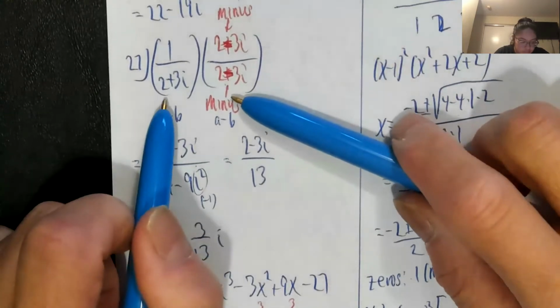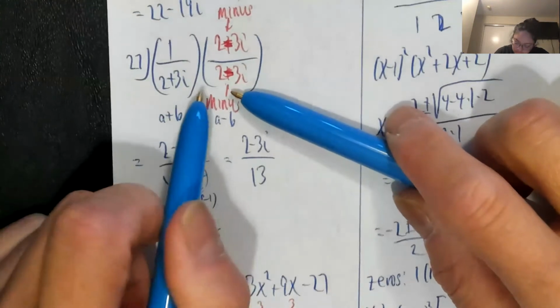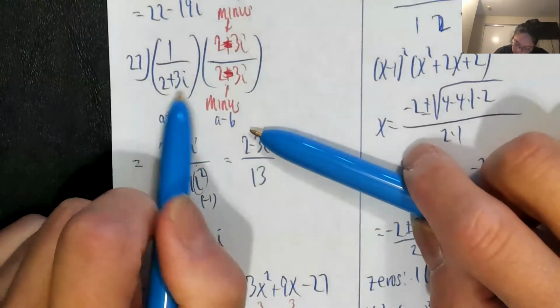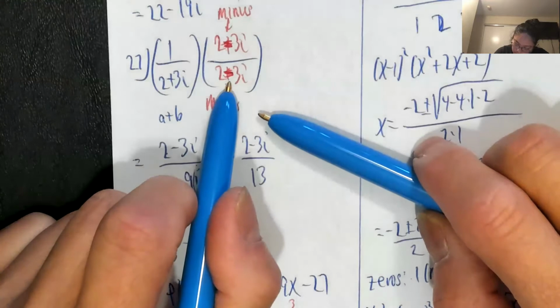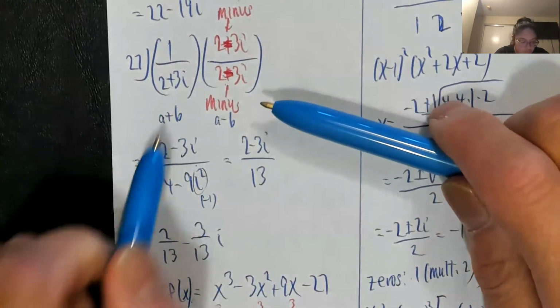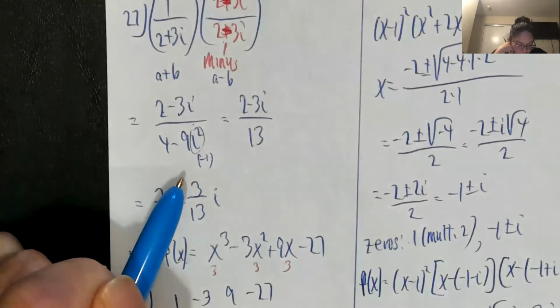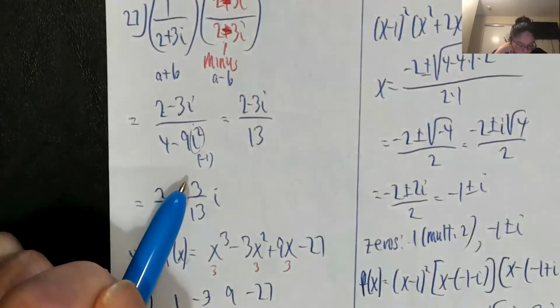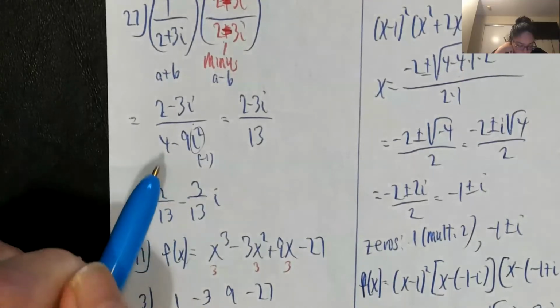And then the bottom, that looks like a plus b, a minus b, right? 2 plus 3i, 2 minus 3i, which is just a squared minus b squared from algebra. 2 squared is 4 minus 9i squared. If I can get this thing focused here. Try to get this in focus. Oh yeah.